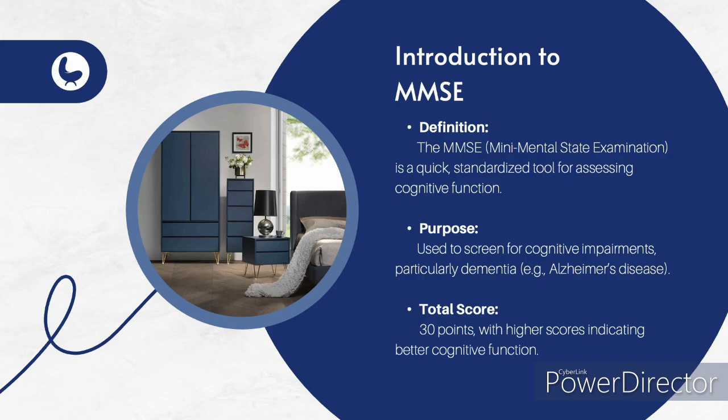The test consists of 11 items across 5 cognitive domains, with a total score of 30 points. A higher score indicates better cognitive function. Now, let's look at who developed this tool and when.